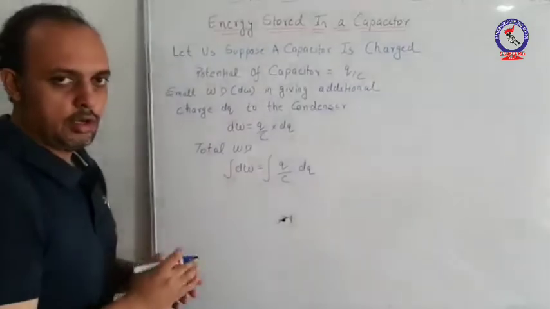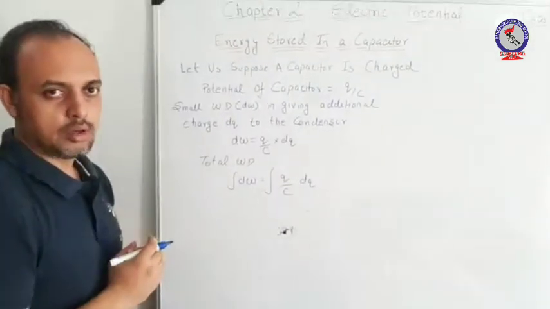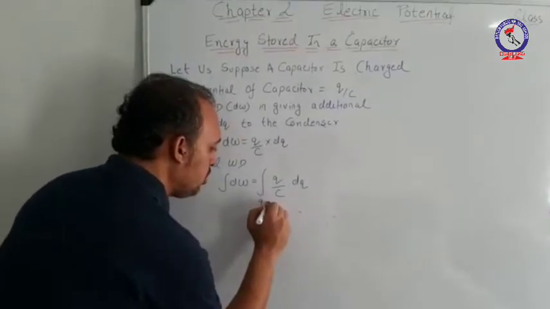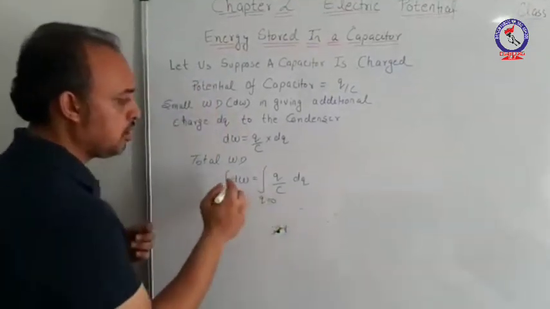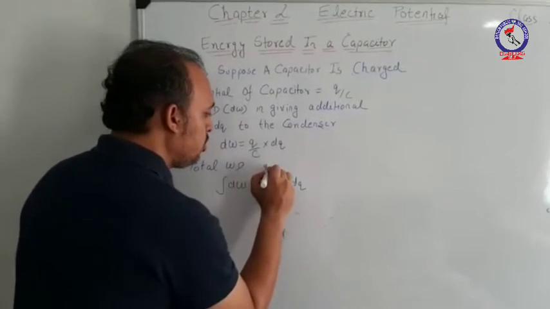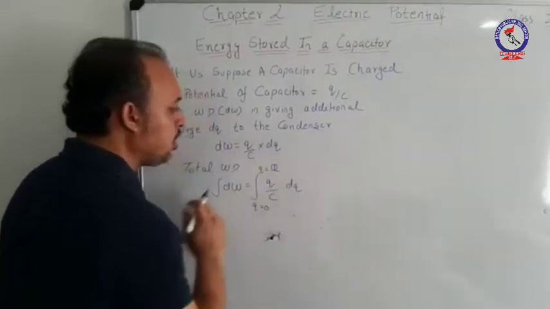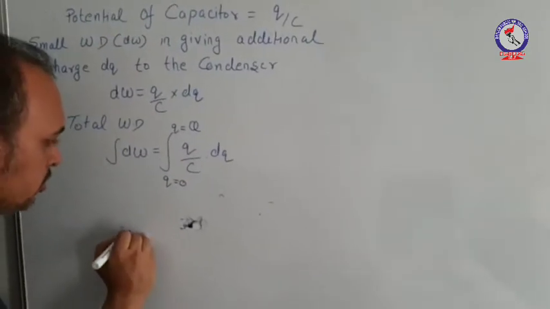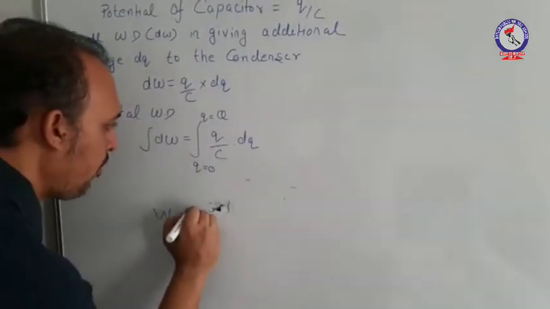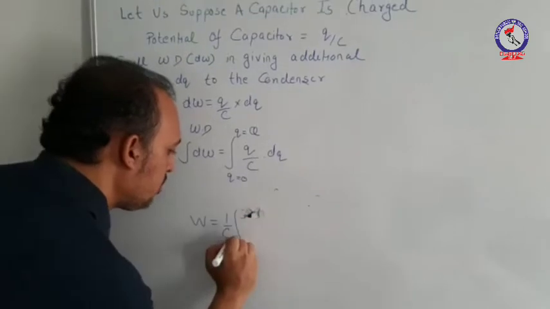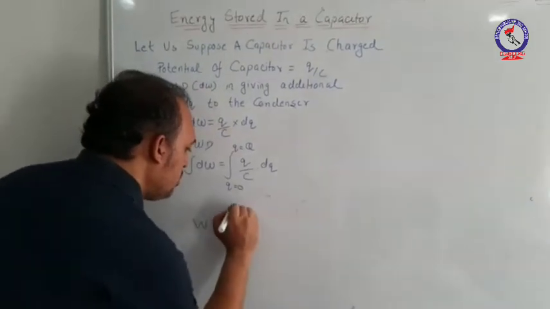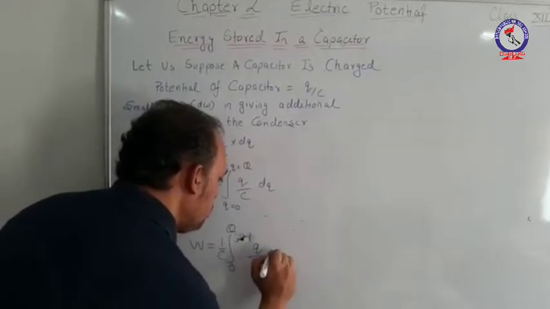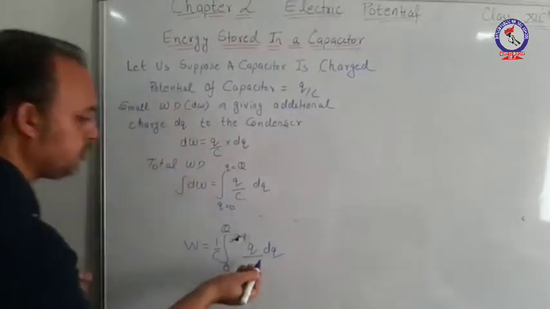Now on integrating it, we need to give certain limits, considering you are giving charge from Q equal to 0, that is the minimum charge, to the maximum charge Q. The integration of dW is W equals 1 upon C integration from 0 to Q of Q dq.